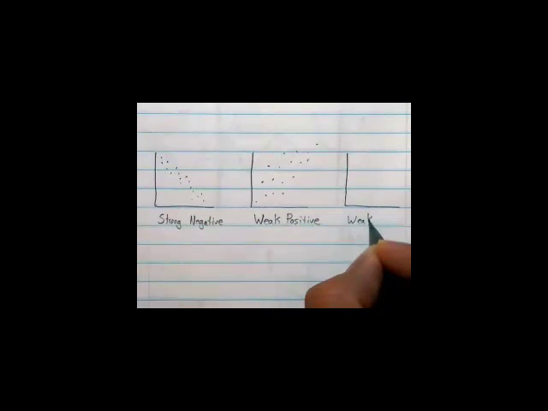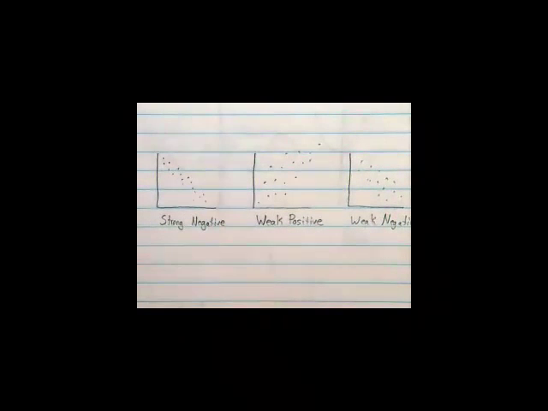And then a weak negative, you can probably guess. Not real tight together, but appears to be heading down. So something maybe sort of like that, okay?